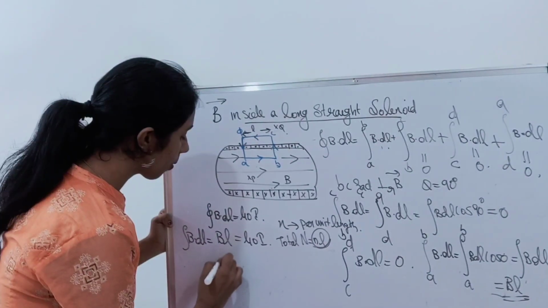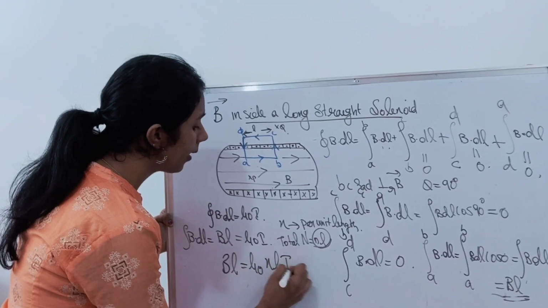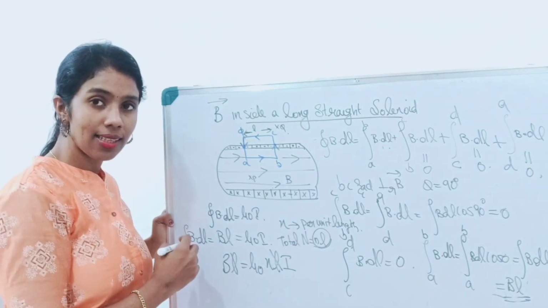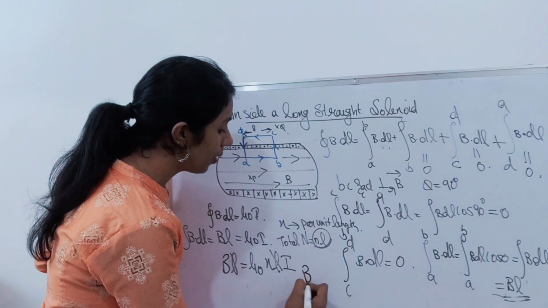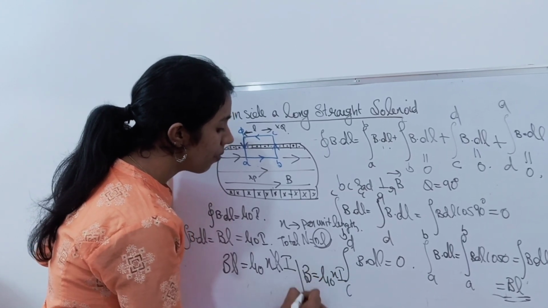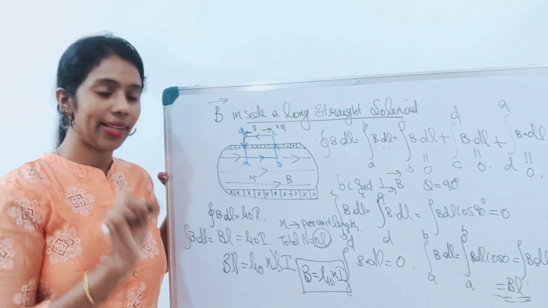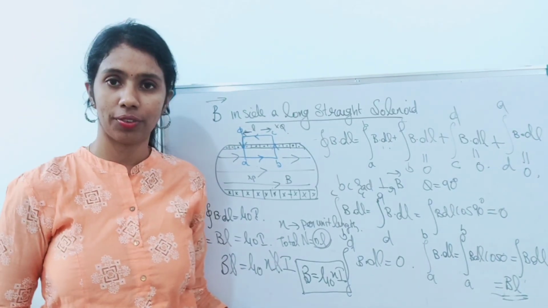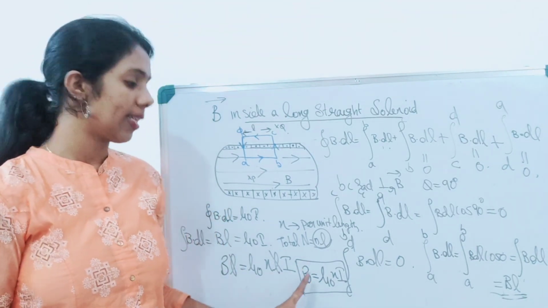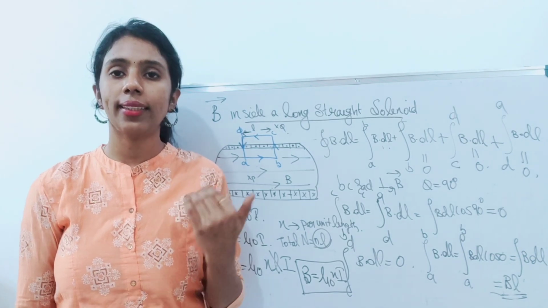So I can write this equation as BL equals mu 0 nL into I, multiplying the total number of turns with mu 0 I. L cancels, and here is the equation for the magnetic field inside a solenoid: B is equal to mu 0 nI, where n is the number of turns per unit length. Thus you derive the magnetic field inside the solenoid using Ampere's circuital law.